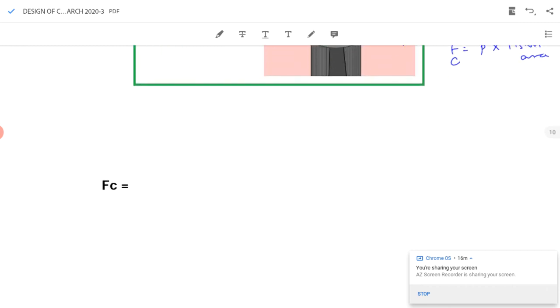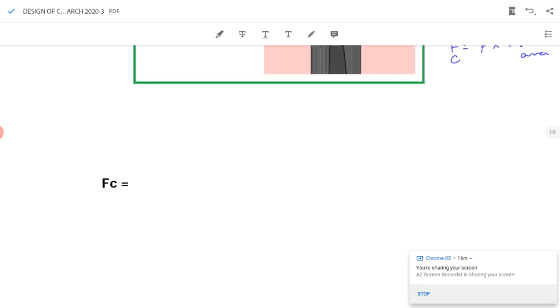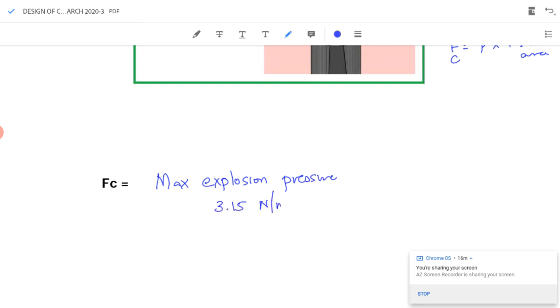Now, we are given the values of the pressure and the area. So, Fc equal to maximum explosion pressure, which is given as 3.15 Newton per mm square, multiplied by area of the piston.